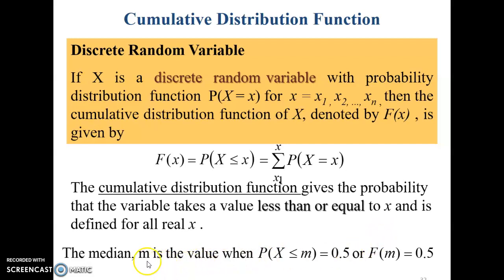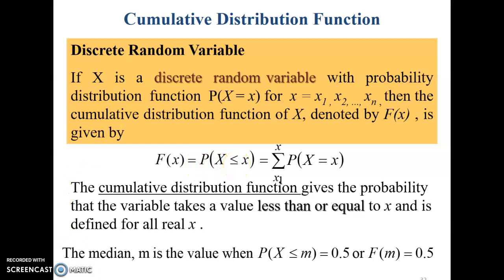The median m is the value when P(X ≤ m) equals 0.5, where capital F(m) equals 0.5. The cumulative of f(x) here is x less than or equal.